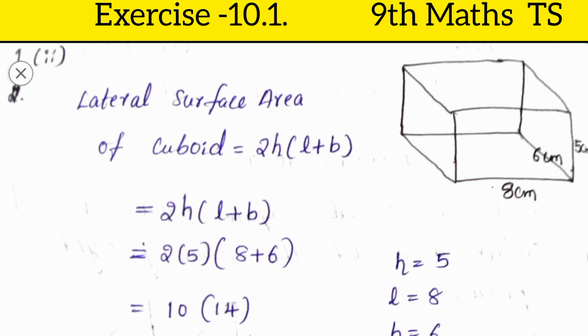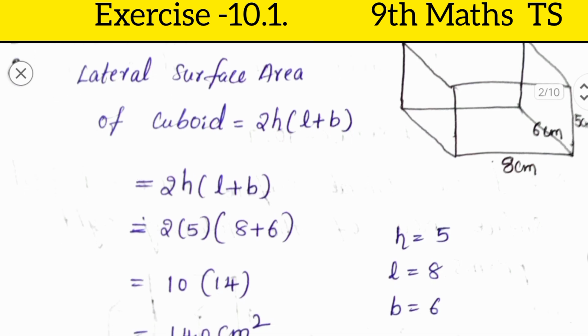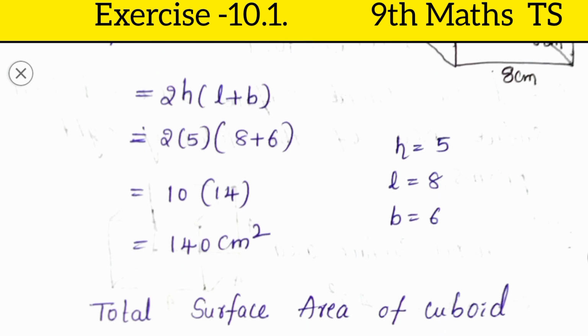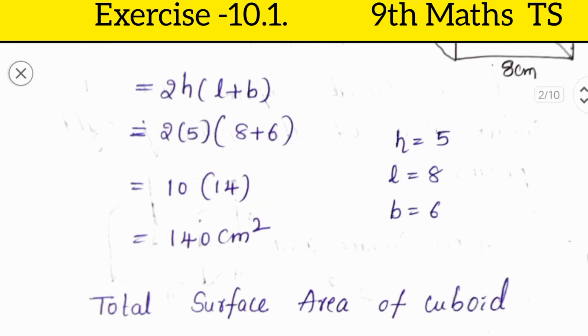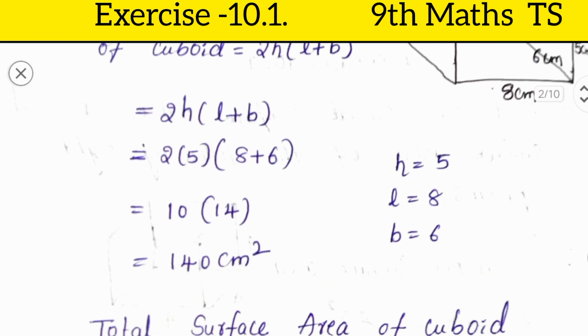All the measurements are given in this question. Just substitute: 2 into 5 of 8 plus 6. 2 fives are 10, 8 plus 6 is 14. So 10 times 14 is 140 centimeters square. So the LSA of the cuboid is 140 centimeters square.